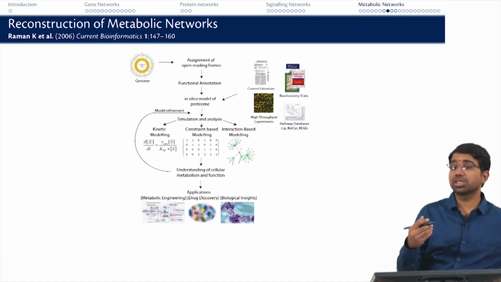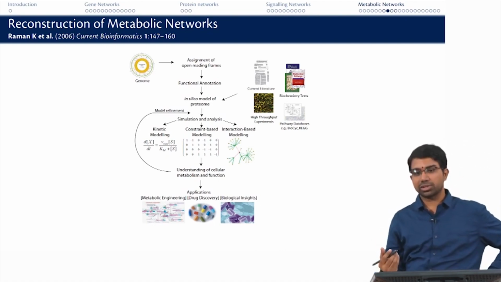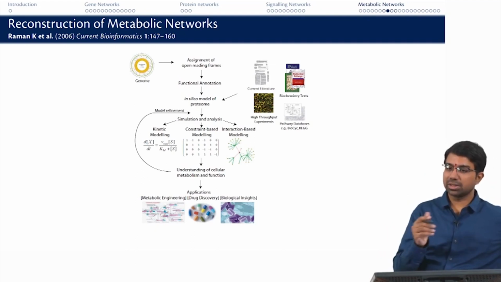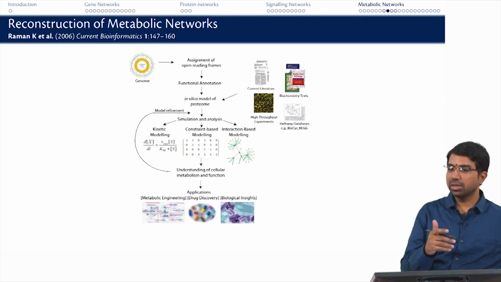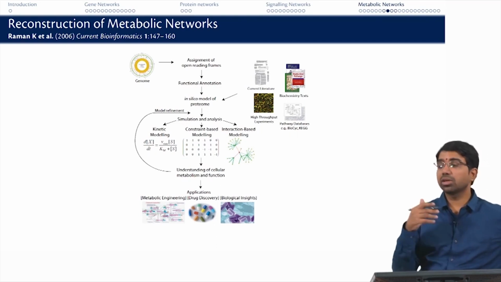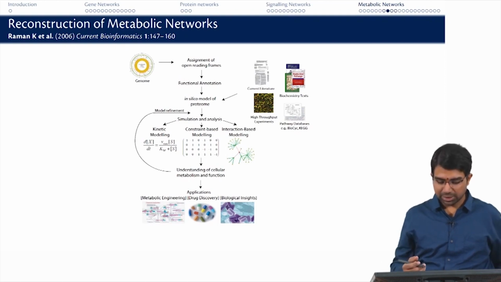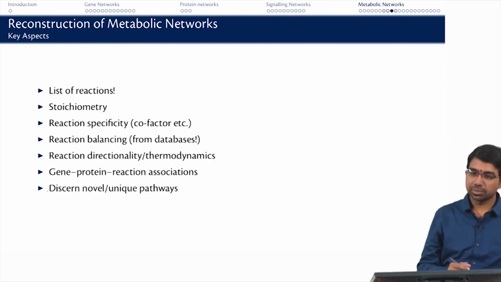It should have information about the stoichiometry of every reaction, the directionality of every reaction, whether the reaction goes from A to B or B to A in a given condition, and what are all the enzymes catalyzing this reaction, one or more enzymes. So how will we take care of the reversibility or irreversibility?